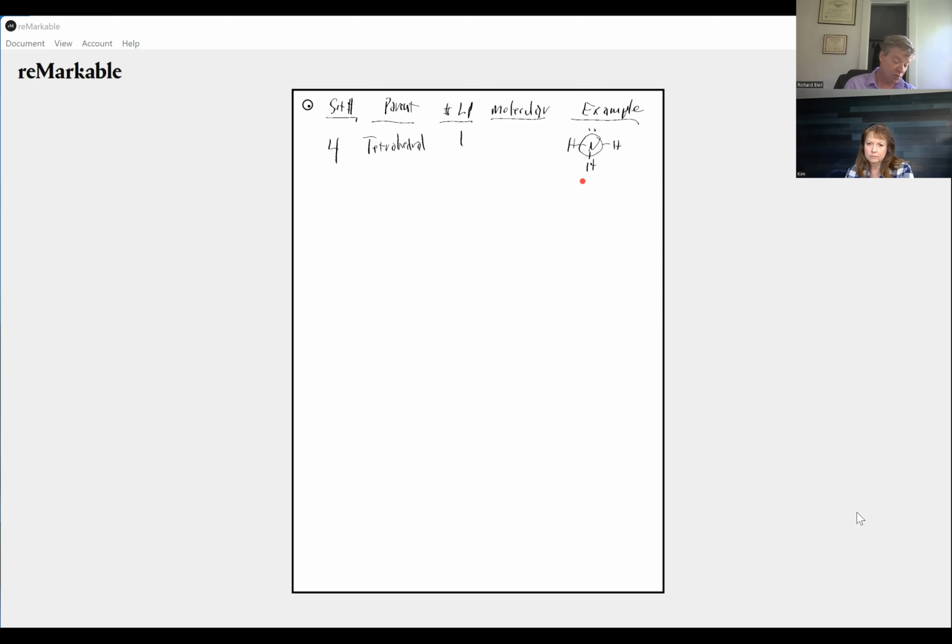So it would have been more appropriate to draw this kind of like this. Now we still have the 3 hydrogens kind of making a little triangular base. So we're still trigonal. But notice that this will not be flat.